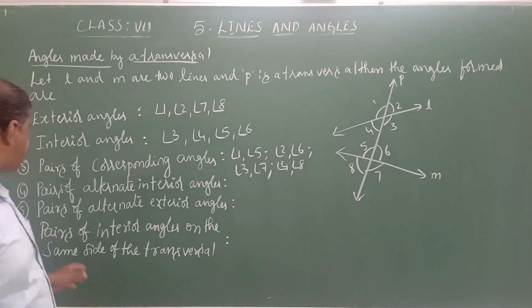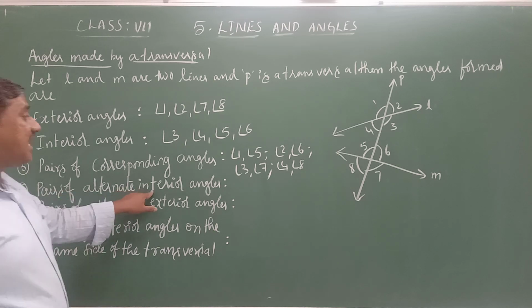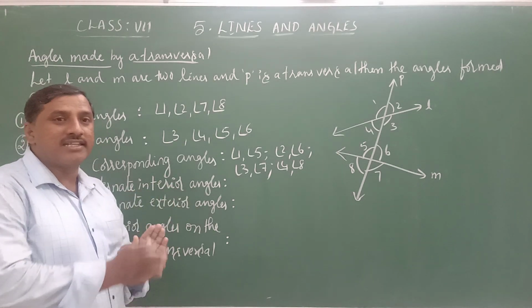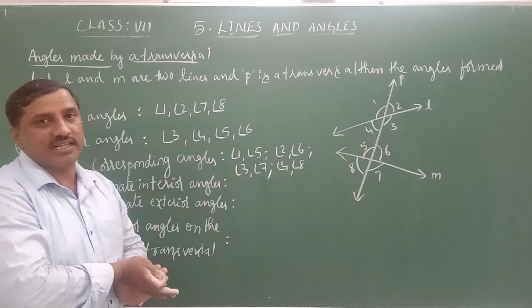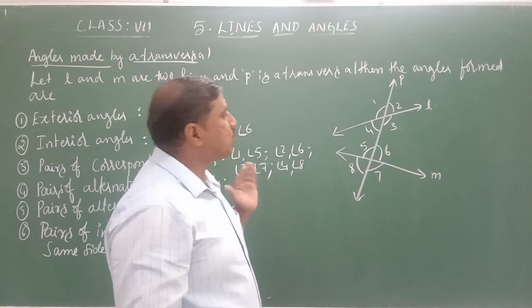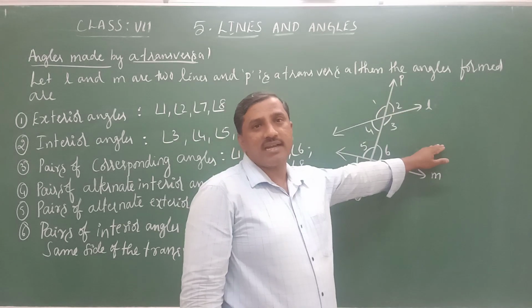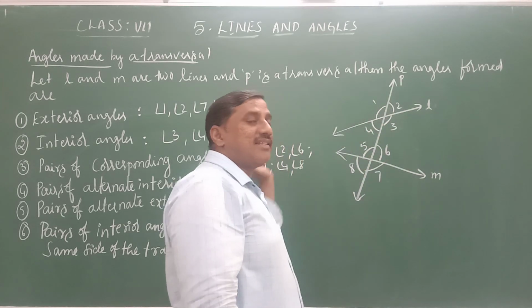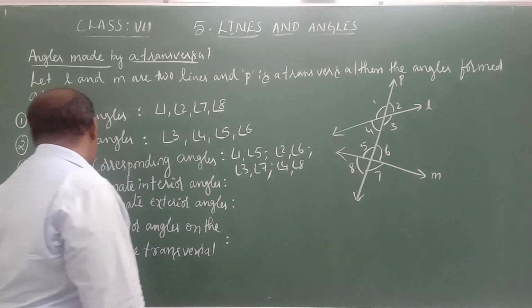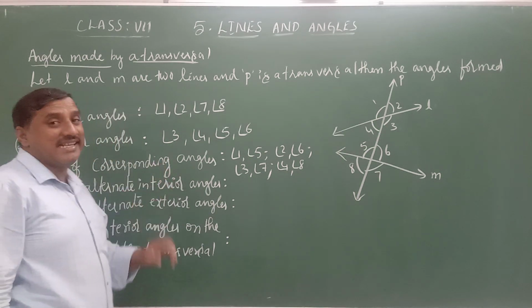Next, pairs of alternate interior angles. Alternate means on either side of the transversal. A pair means two angles, where one angle is on one side of the transversal and the other angle is on the other side. So these are alternate interior angles.